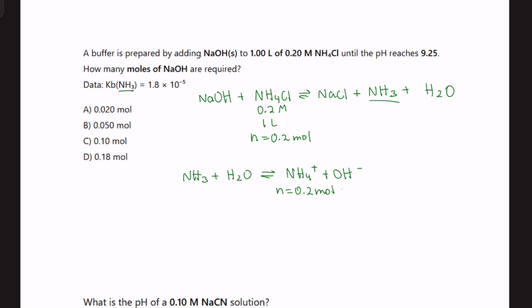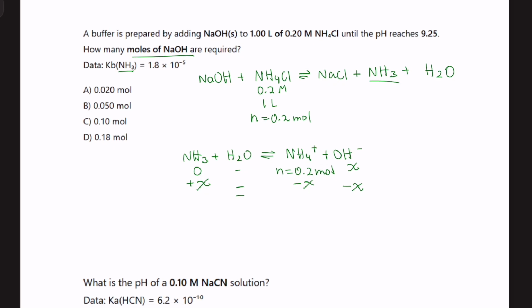So I have 0 amounts of NH3 over here, and I have 0.2 moles, and then it's asking for how many moles of NaOH are required, so I added X amount of OH minus, which is going to completely react because we're asking for the minimum amount, right? So it's all going to be minus X, and then plus X on this side.